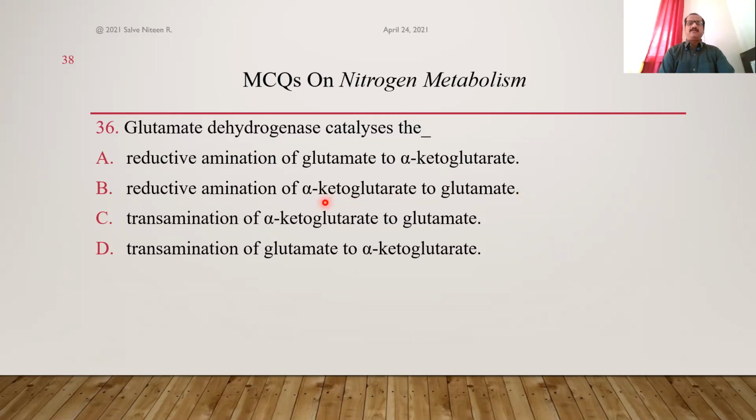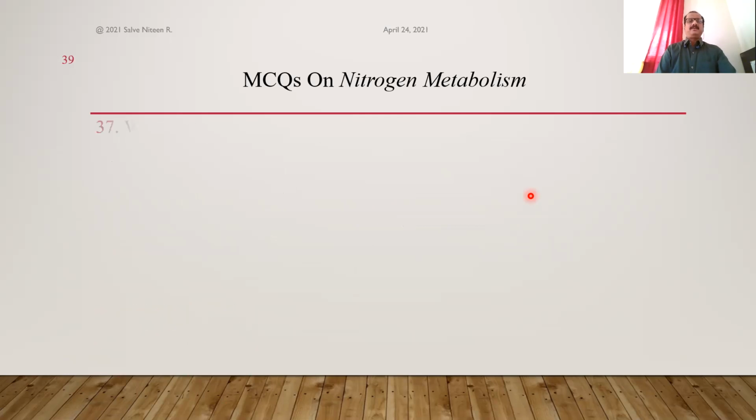So when we start with alpha ketoglutarate, a keto acid, it forms an amino acid in the presence of ammonia, and that then in the presence of glutamate dehydrogenase gives rise to glutamic acid or glutamate. So B is the answer here. This is the equation of reductive amination. B is the answer.